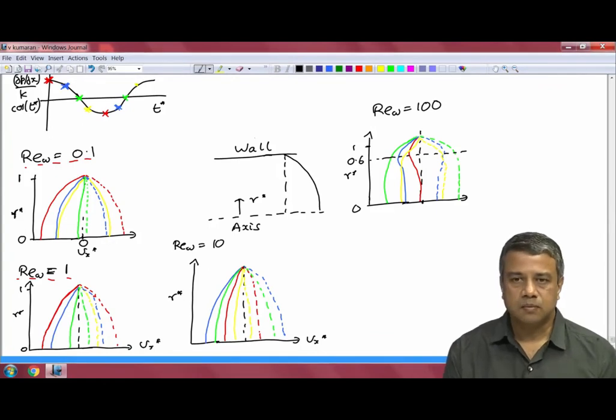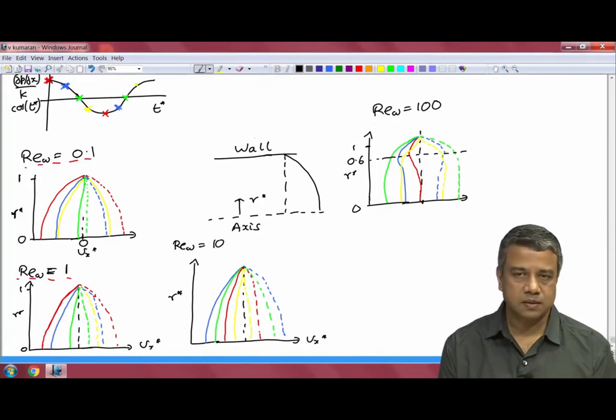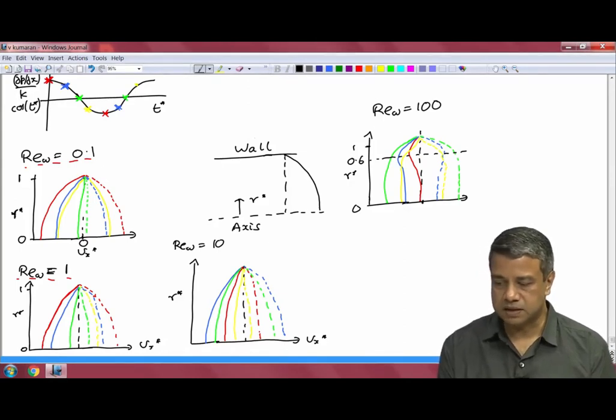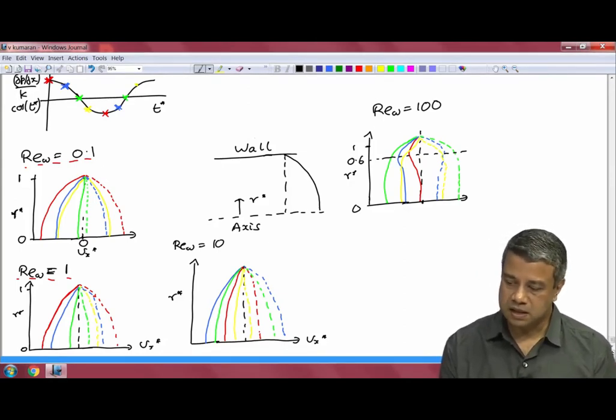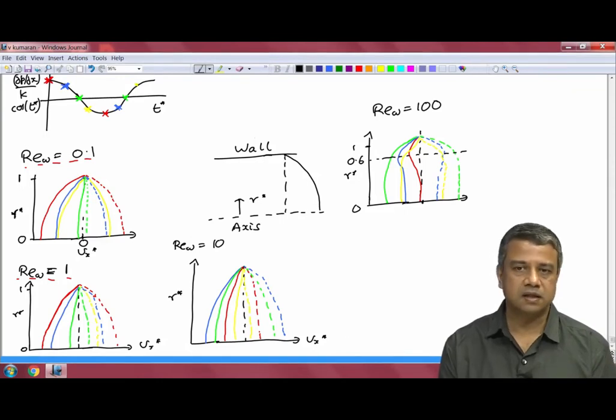Below that, for R star less than about 0.6, the velocity is virtually a constant. It is virtually like a plug flow for R star less than about 0.6, and the variation is only in the region close to the wall.